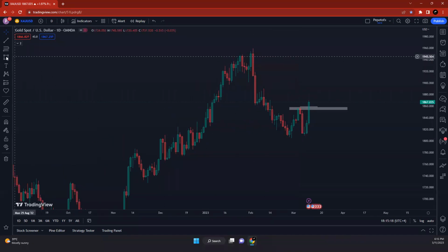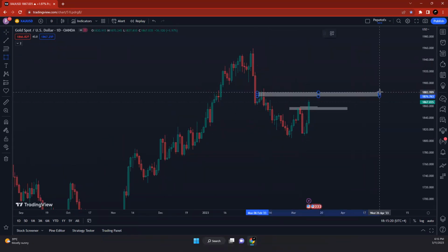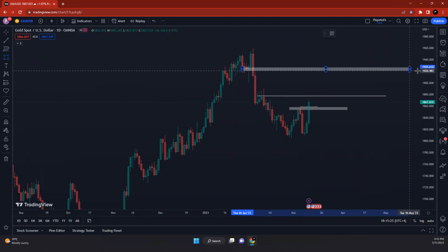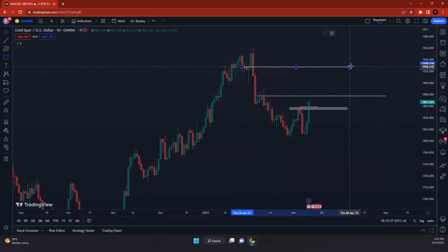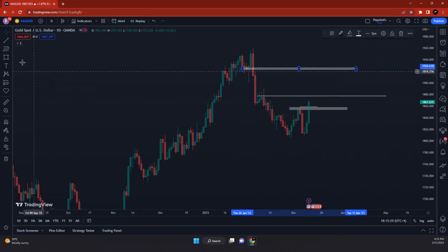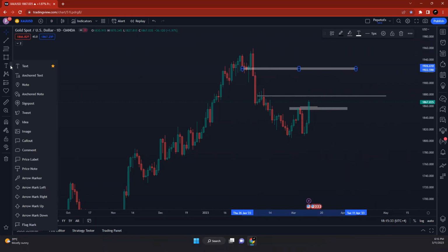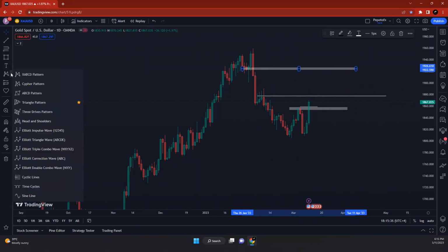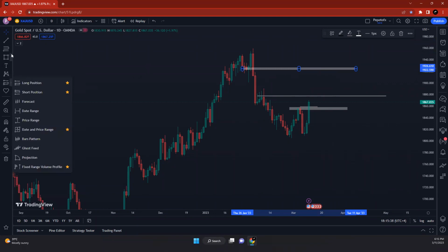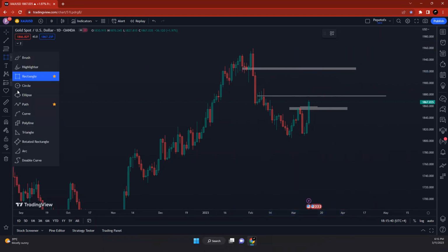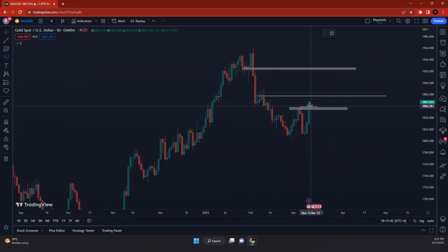I think it will retest this 1900 area again, and also 1926 and 1960. The higher time frame structure is still bullish. Weekly candles are closing above support. It did a retest to support.